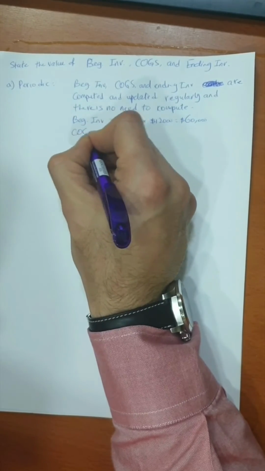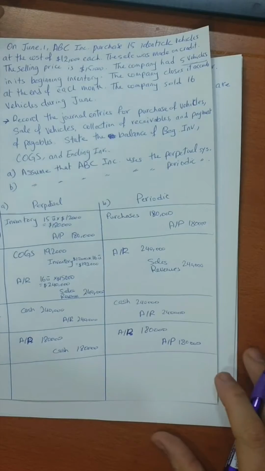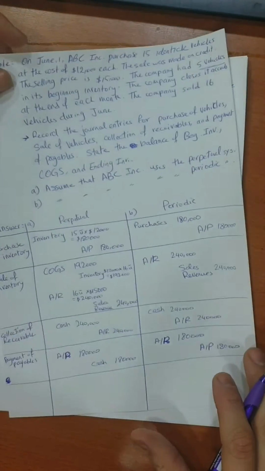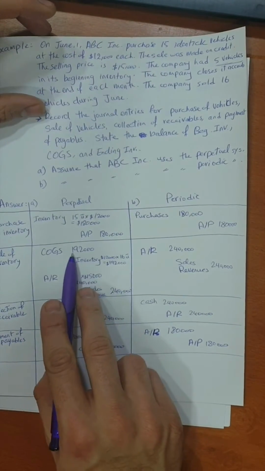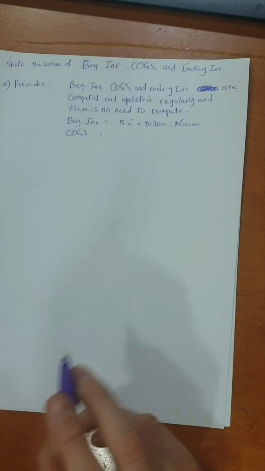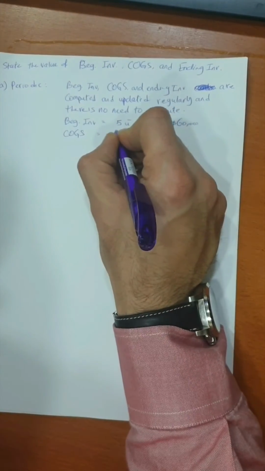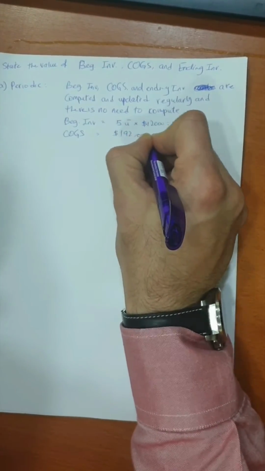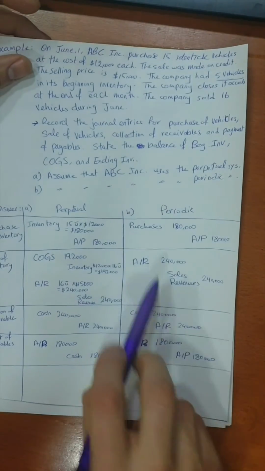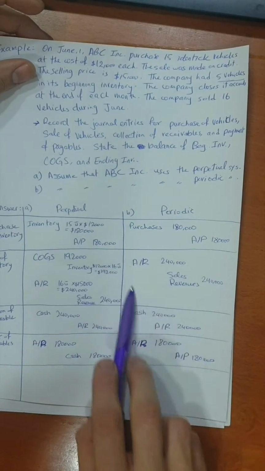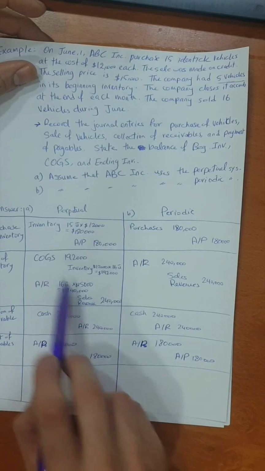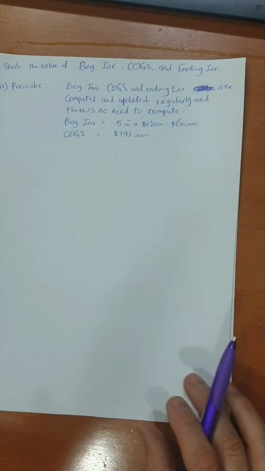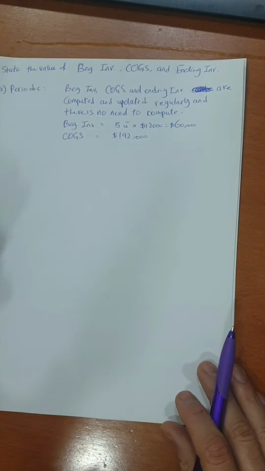The cost of goods sold, we can go back to the accounting records that we have, and you can find it right away, which is 192,000. If you look at the periodic entries, you don't even have a cost of goods sold figure, so you cannot determine it this way. There's another way that we will introduce in a minute.